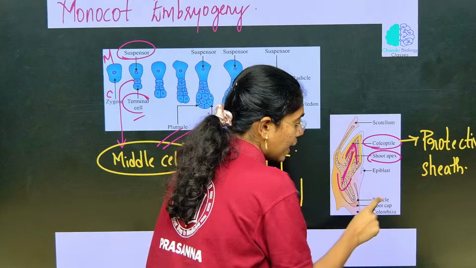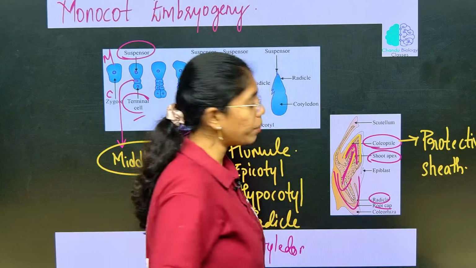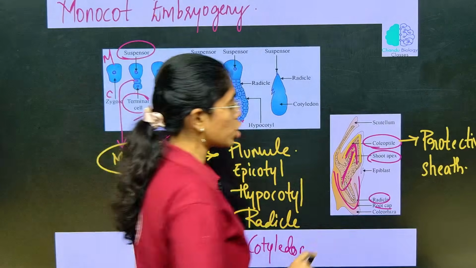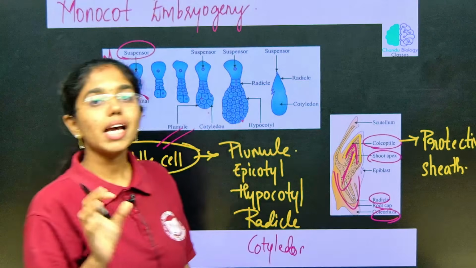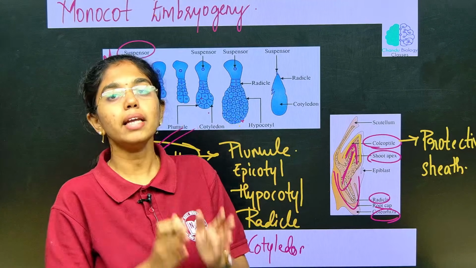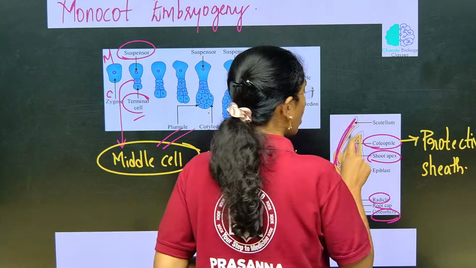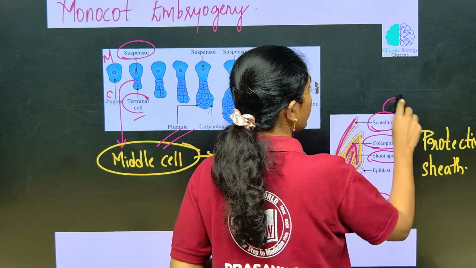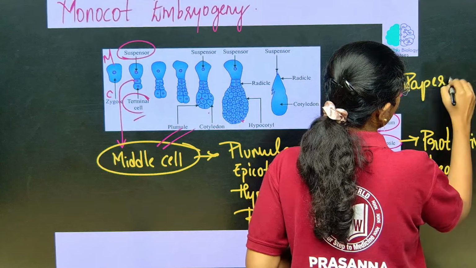At the base the radicle will be present, and below the radicle is the root cap. Below the root cap you can see the protective sheath covering the radicle, the coleorhiza. Both coleorhiza and coleoptile you will see only in the monocot embryo, remember that. And there is only a single cotyledon, which is a papery cotyledon, the scutellum.